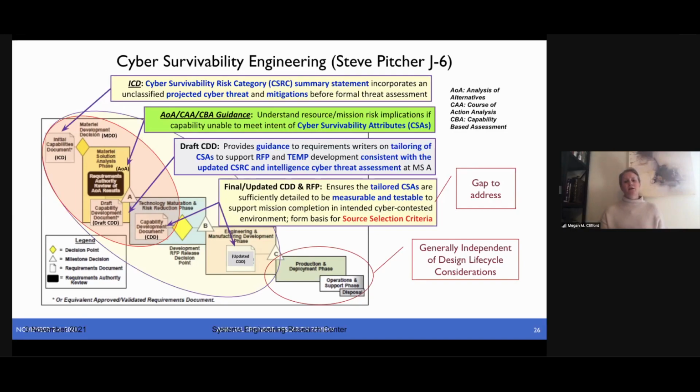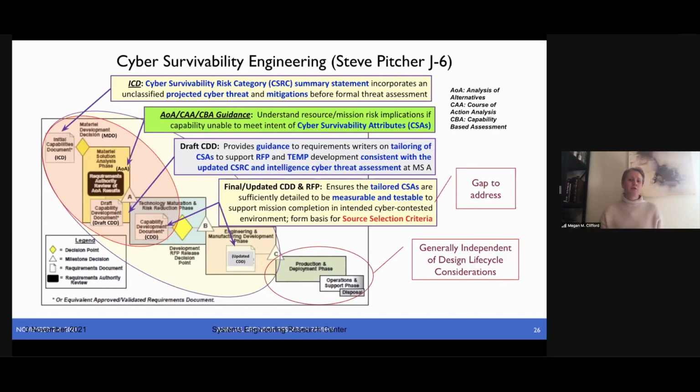And cyber survivability is a property defined for weapon systems and the critical infrastructure on which those systems depend. And cyber survivability attributes are system capabilities which support and serve as indicators of cyber survivability.